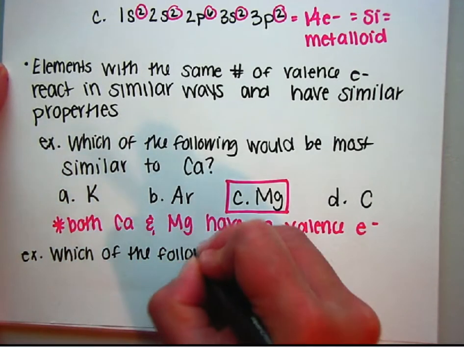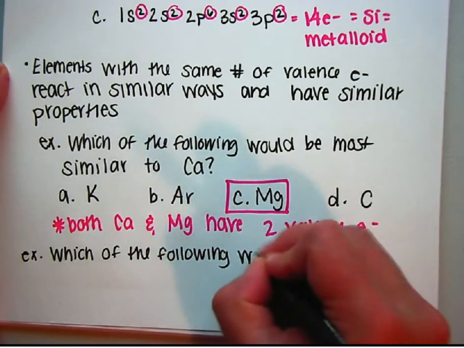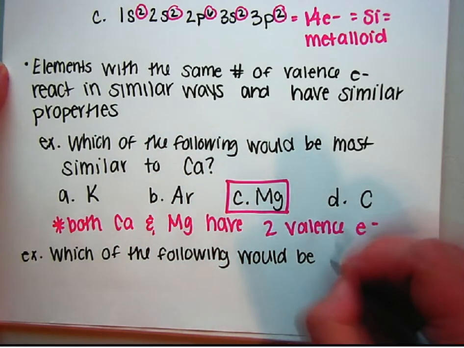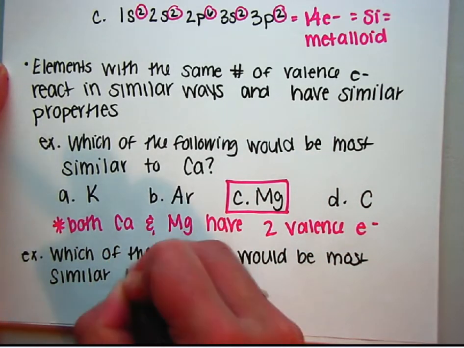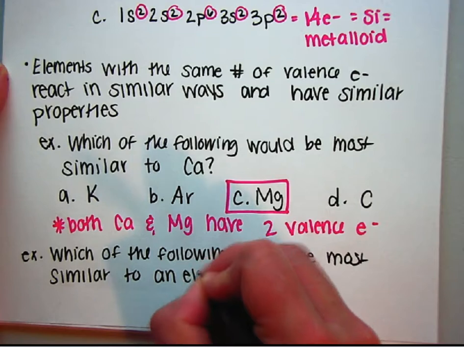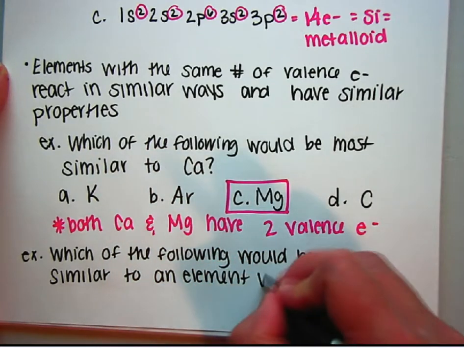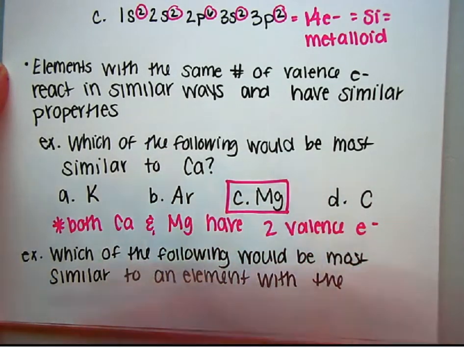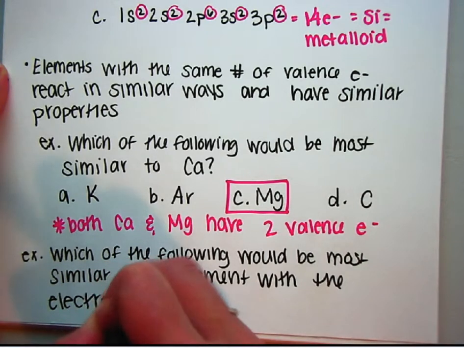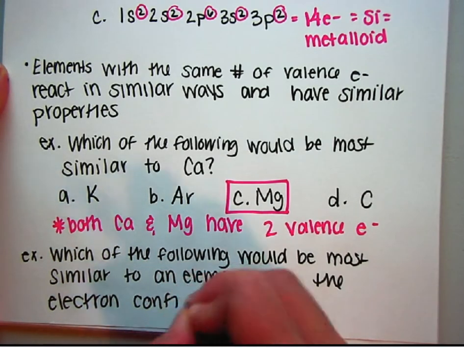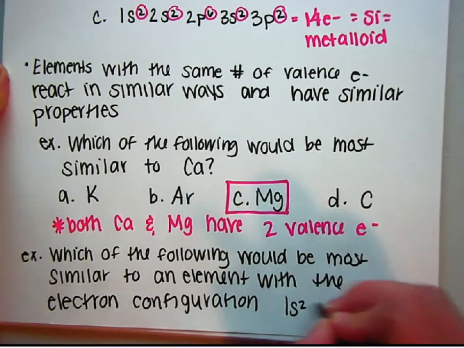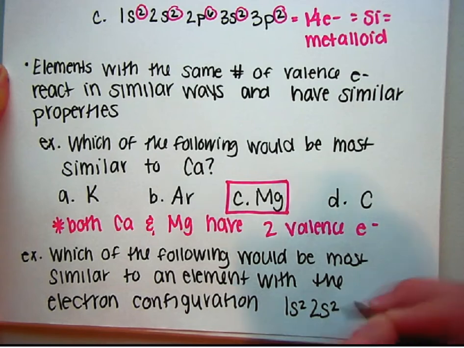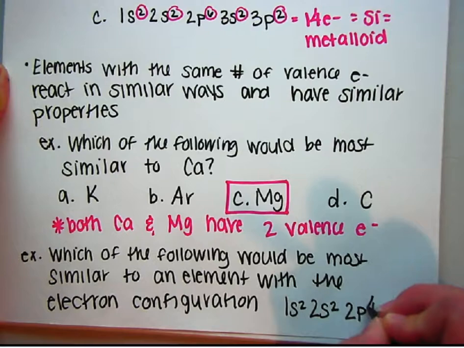Which of the following would be most similar to an element with the electron configuration 1s2, 2s2, 2p4?